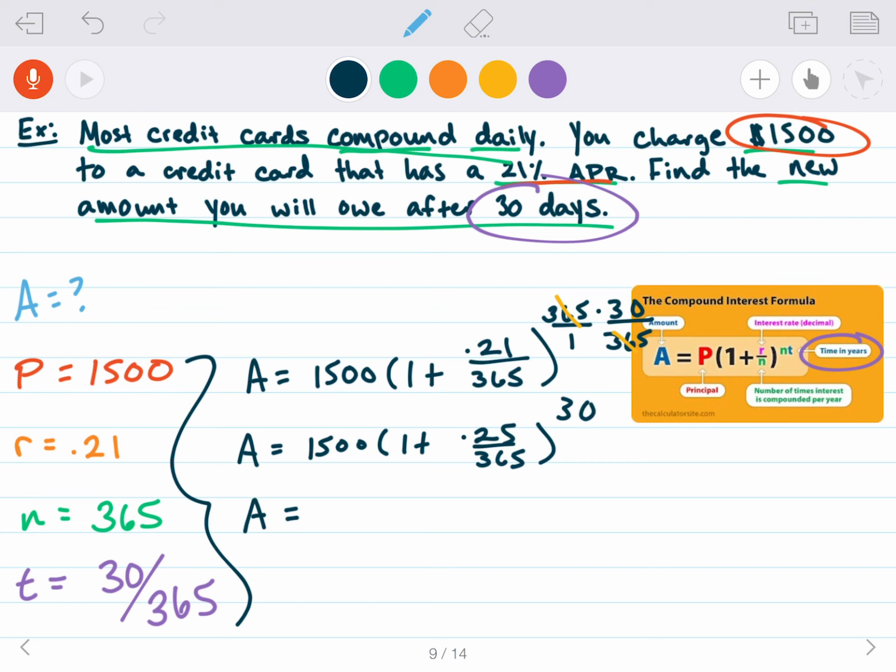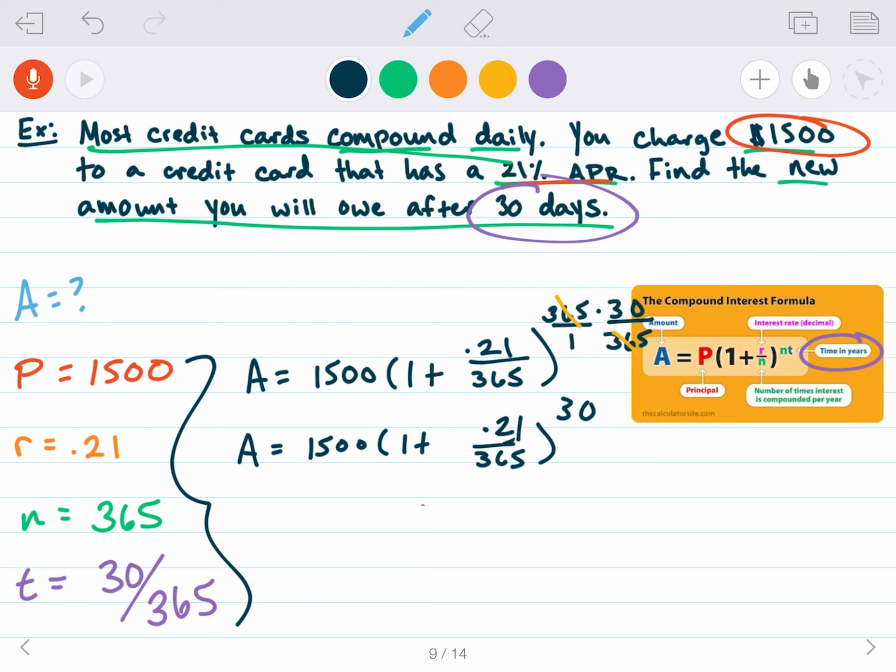Okay, let's do the math here. So 0.25 divided by 365 plus 1, all raised to 30, times 1500. I'm getting $1,531. Let's see. Am I doing this right? Okay, I'm double checking, and I think I put in the wrong R value right here. This is supposed to be 0.21. My bad, you guys.